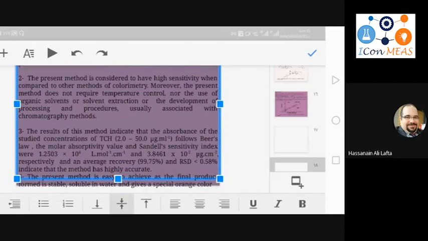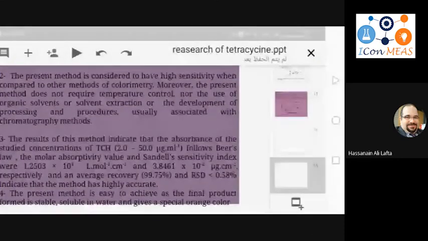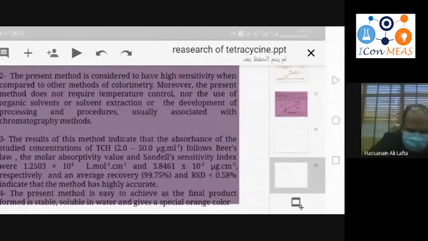The results of this method indicate that the absorbance of tetracycline hydrochloride concentrations of 2 to 50 microgram per mL follows Beer's law, with the molar absorptivity value and sandell sensitivity index being 1.2503 by 10 power 4 liter mol minus 1 centimeter minus 1 and 3.8461 by 10 minus 2 microgram centimeter minus 2 respectively, and an average recovery of 99.75% and relative standard deviation less than 0.58% indicate that the method is highly accurate.